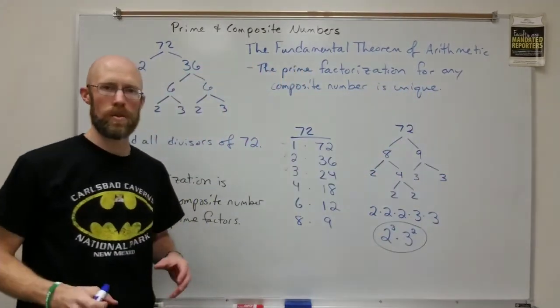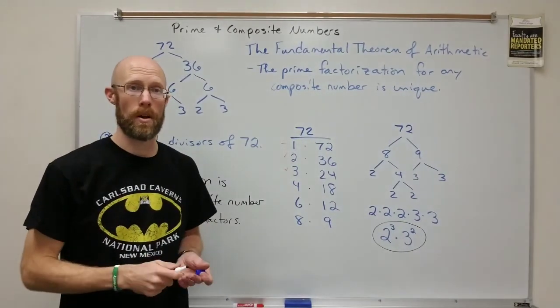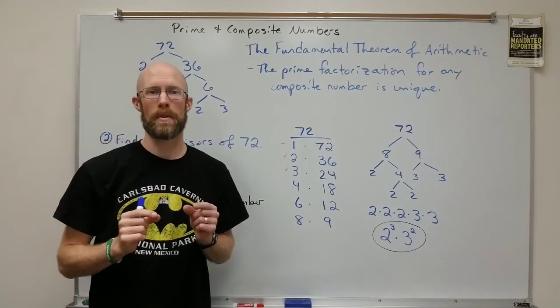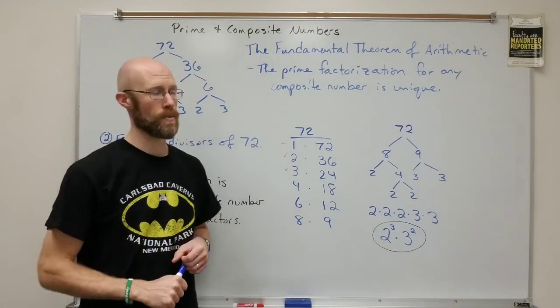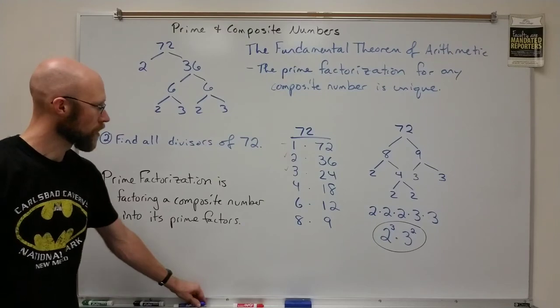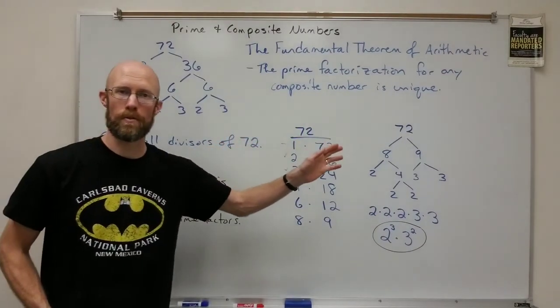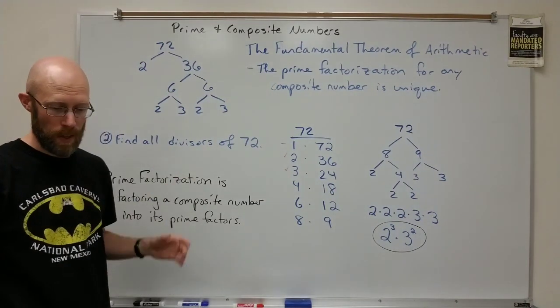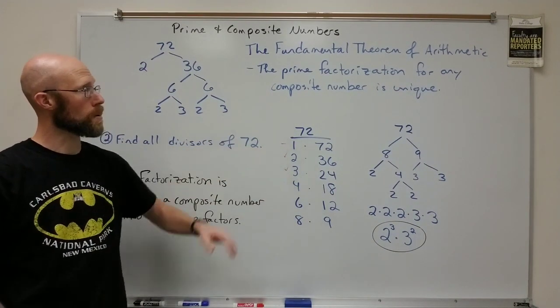Okay, it's unique. That means there's only one of them. So no matter how you break it down to begin with, you'll always end up with the same combination of prime numbers in the end. Okay, now that can be proven. The proof is beyond the scope of what we're going to do here in this course. So anyway, fundamental theorem of arithmetic.